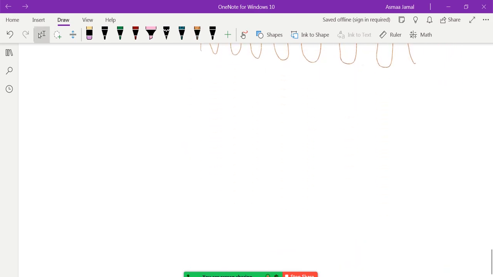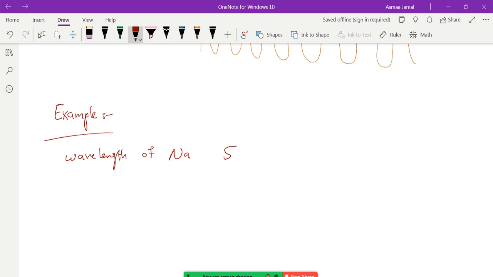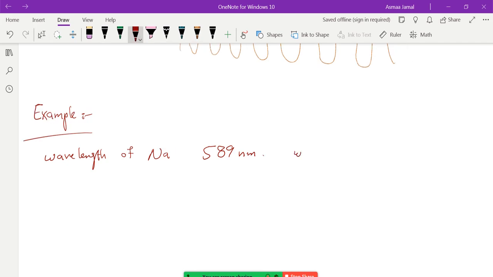Let's have an example for that. The wavelength of sodium in a vacuum is 589 nanometers. What is the frequency of the Na source in the vacuum?